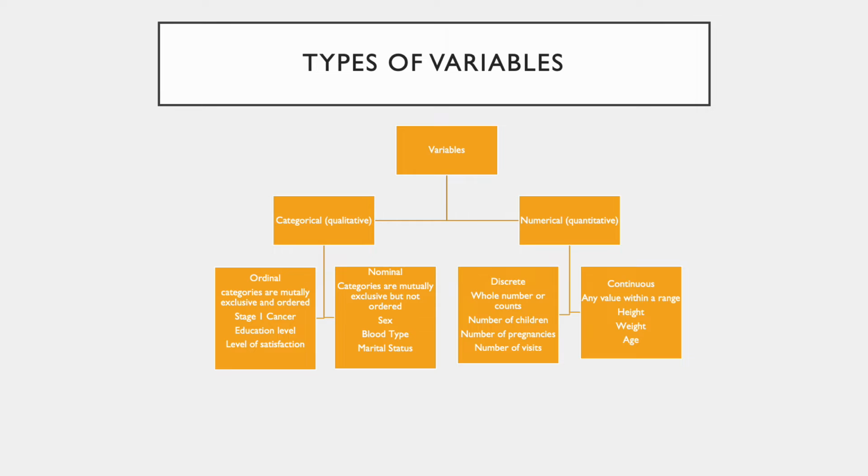If we think about lung cancer, then smoking, if we ask, do you smoke? The answer is yes or no. That's a categorical variable. However, if we ask the number of cigarettes smoked, then it's a numerical variable.